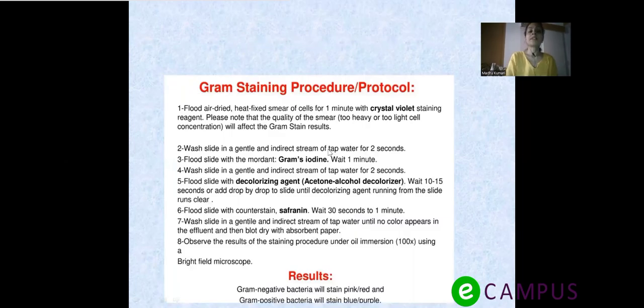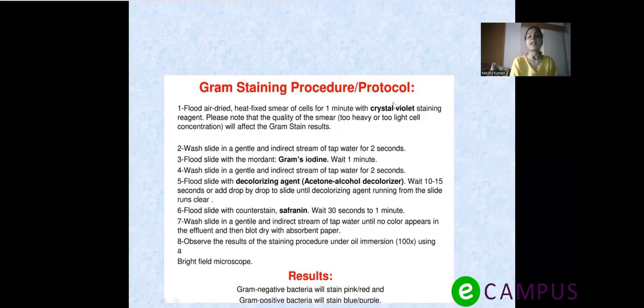The gram staining procedure: flood the air-dried, heat-fixed smear of cells with crystal violet staining reagent for 1 minute. Then wash the slide in a gentle, indirect stream of tap water for 2 seconds. Flood the slide with gram iodine and wait 1 minute.